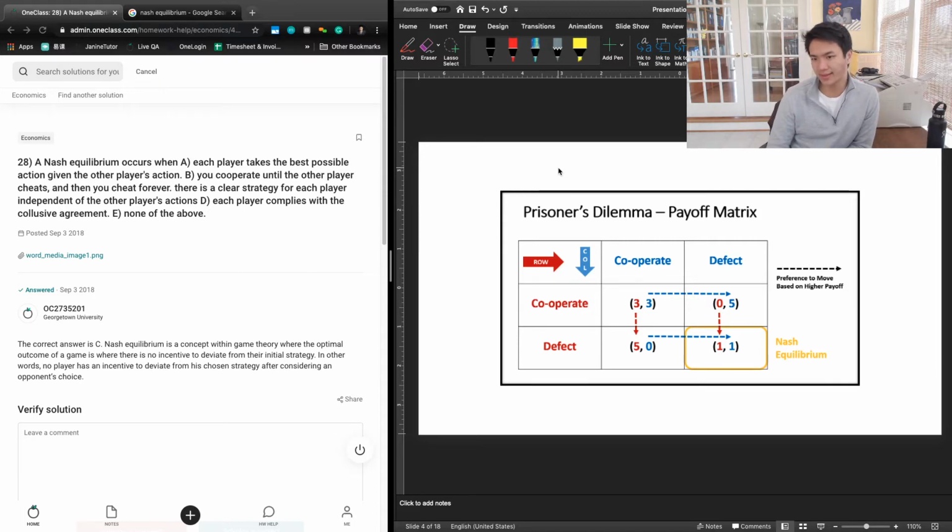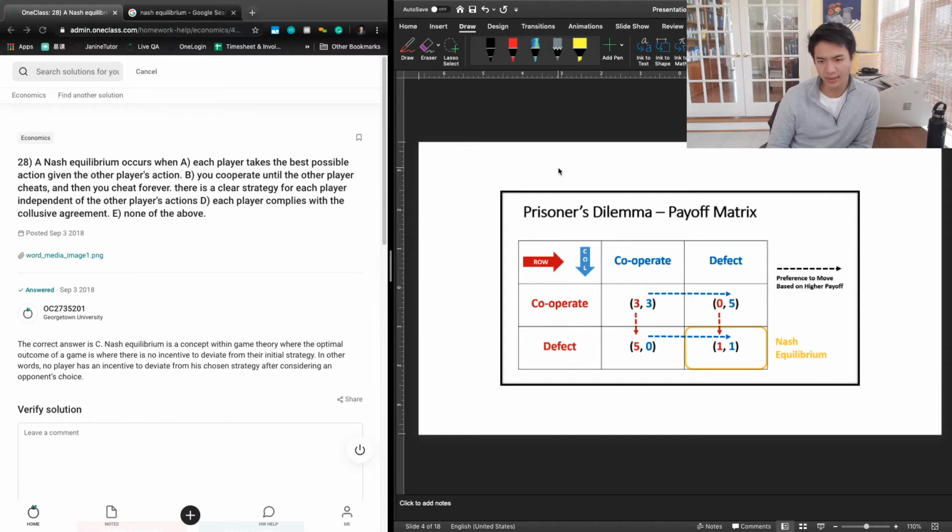So let's say you're given a choice to either cooperate with the police, and you can basically tattle on your friend who also committed the crime with you, and you say exactly what you guys did, and so that's one thing you can do.